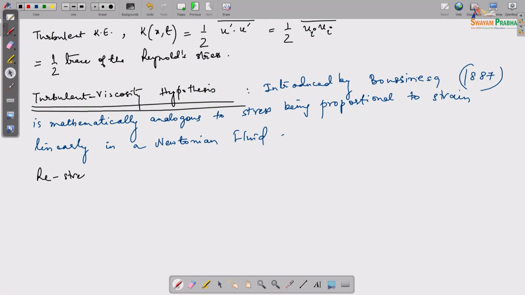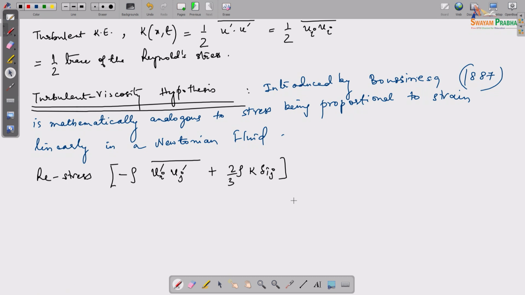So the Reynolds stress, this is actually going to result in the diagonals, you know that, and is proportional to the mean rate of strain.